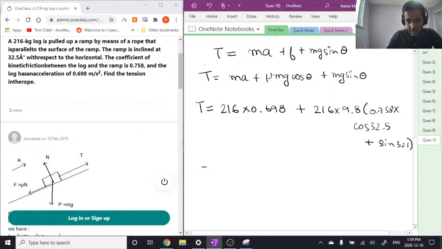Okay, this is much better. And if we were to calculate this value, we would get the final tension.